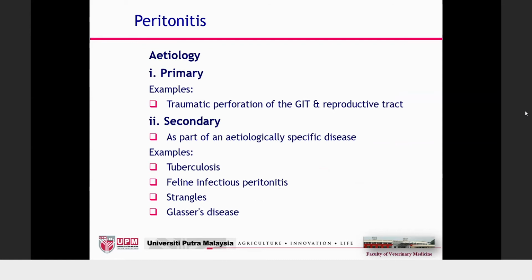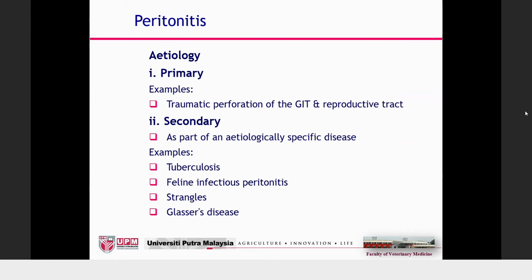For example, if an animal has a perforation of the GIT, very direct, the perforation of the GIT leads to peritonitis, perforation of the reproductive tract leads to peritonitis, maybe rupture of the urinary bladder leads to peritonitis. So this is the more direct one. In terms of treatment, it is much easier because you can avoid the occurrence of this perforation or rupture, either of the GIT, the reproductive tract, or even the urinary system.